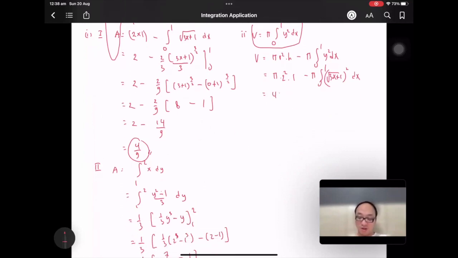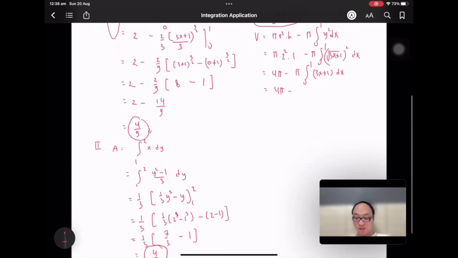So it's 4 pi minus pi integral 0, 1 3x plus 1 dx. So 4 pi minus pi [3 over 2 x squared plus x] 0, 1. So 4 pi minus pi times 3 over 2, 1 squared minus 0 squared, plus 1 minus 0.